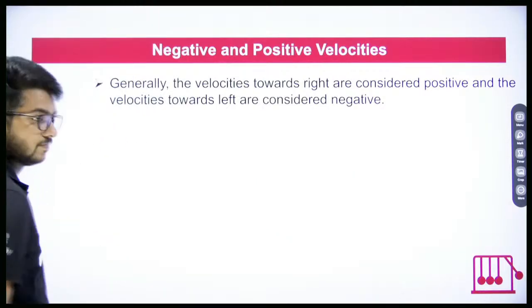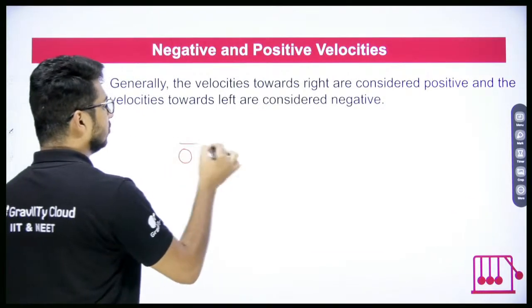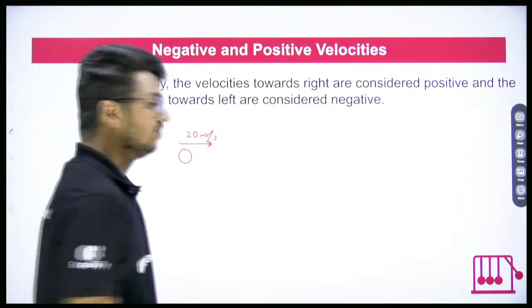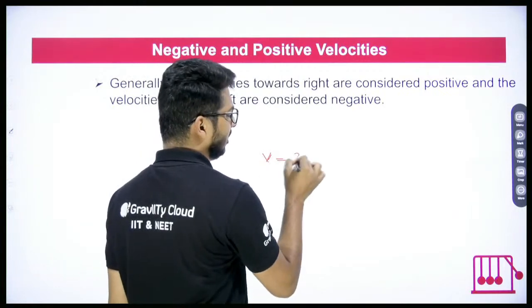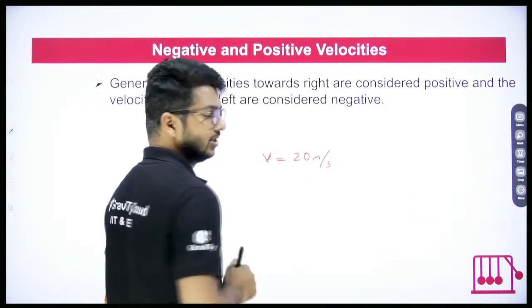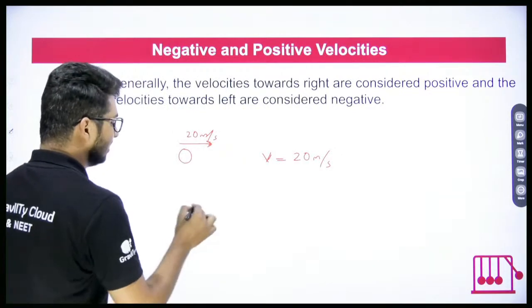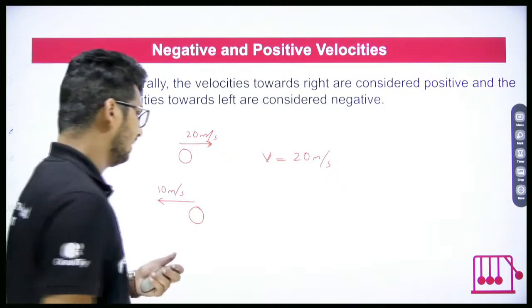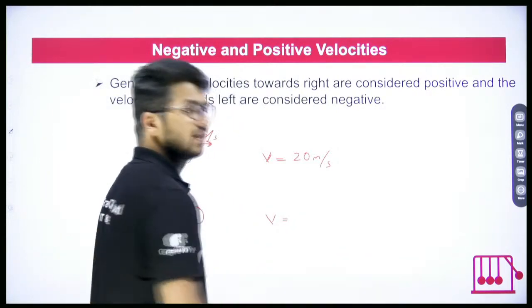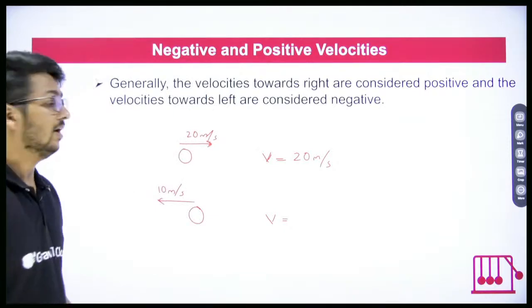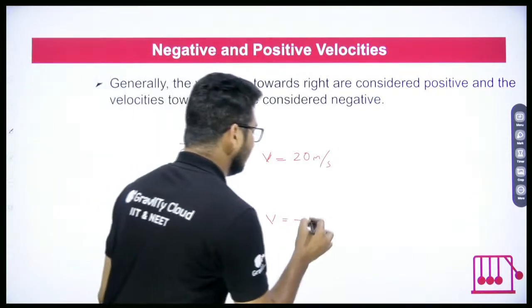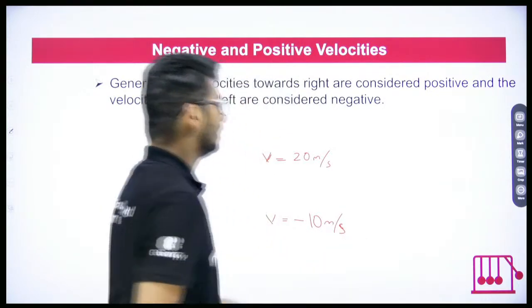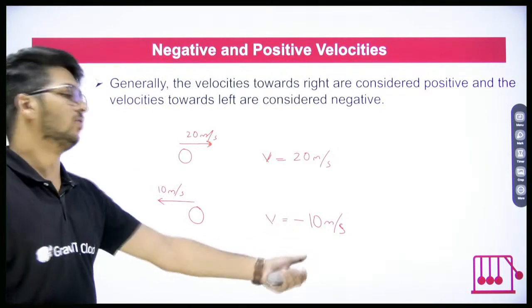How? Look at this. If an object is going towards right, let's say with a speed of 20 meter per second, we say that its velocity is 20 meter per second. It is positive. But if a body is going towards left with a speed of 10 meter per second, then mathematically, considering direction, we write it as minus 10 meter per second. What does negative mean? It is towards left.